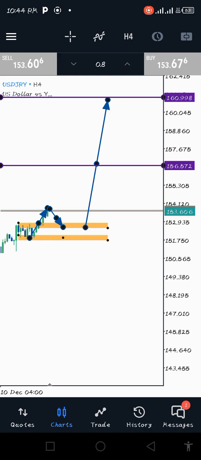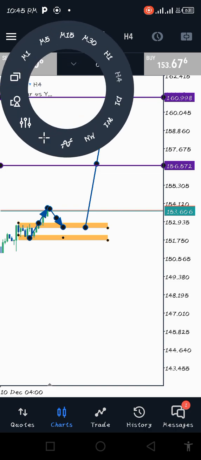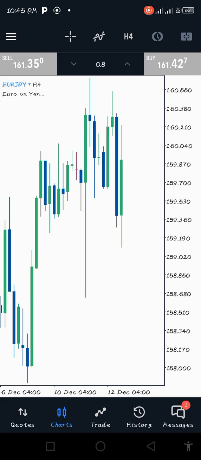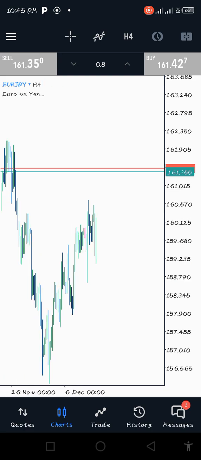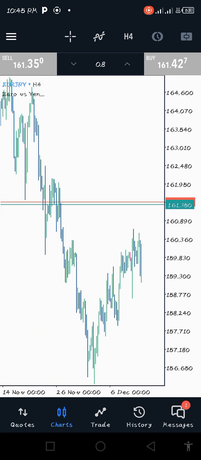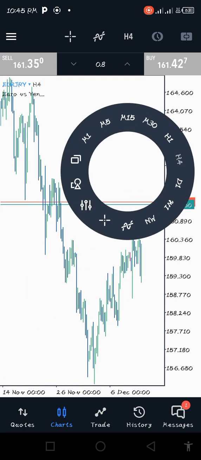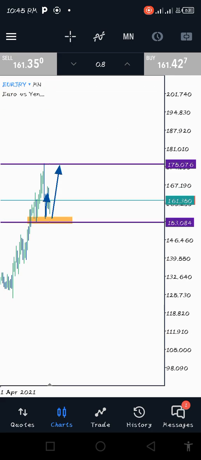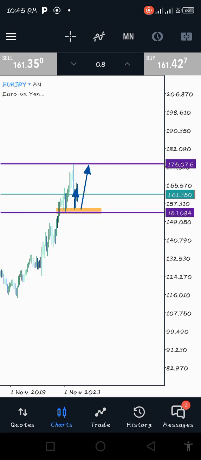That is for USD/JPY. Let's move to another pair, that is Euro/JPY, and see what we can be expecting. Euro/JPY. As a norm, let's move to the monthly time frame so that we can understand things from a perspective.